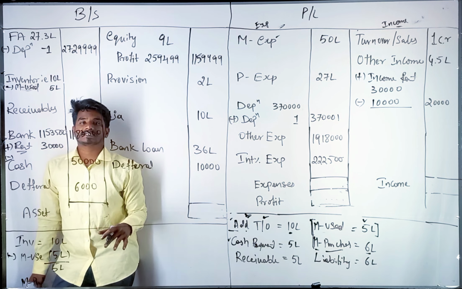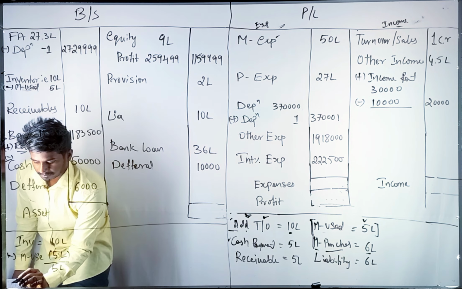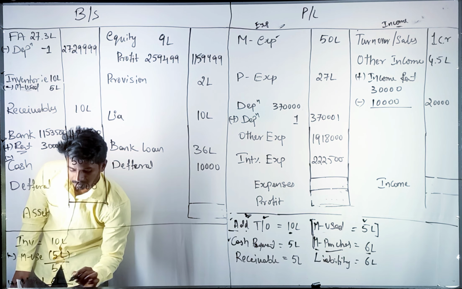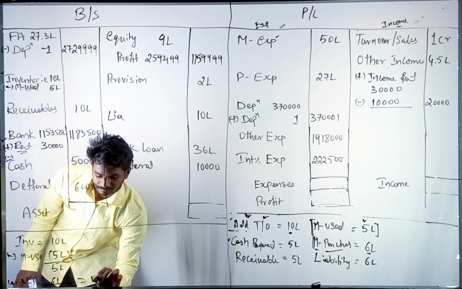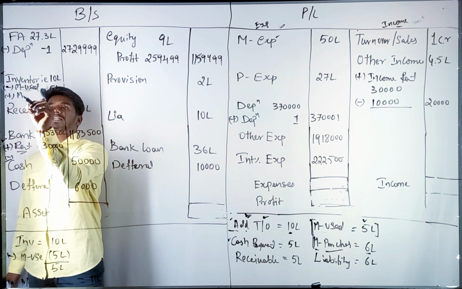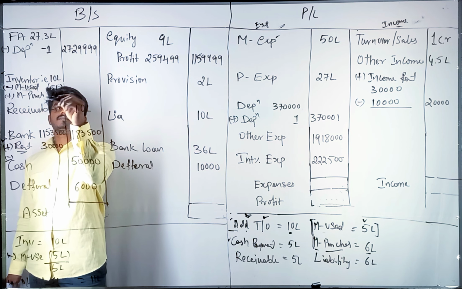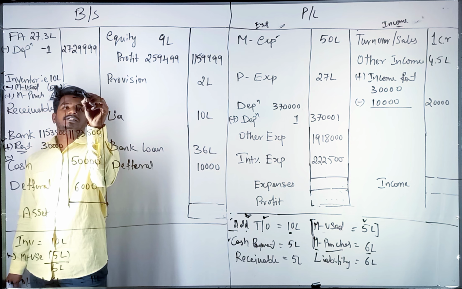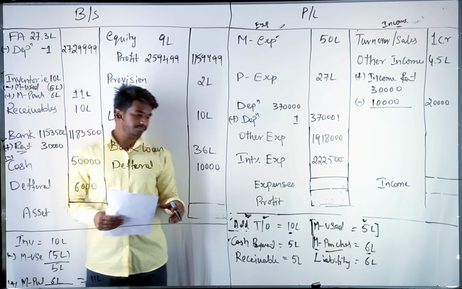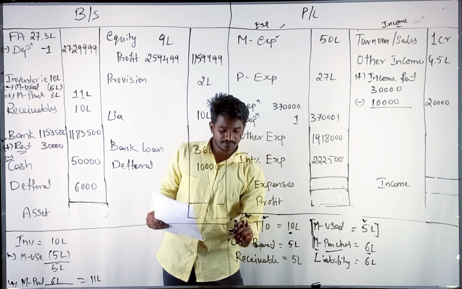If we purchase material inventory goes up. Is that correct? We should add it. 6 lakh rupees. Total it comes out, inventory will be 11 lakh. Add material purchase 6 lakhs rupees. It comes out 11 lakh of inventory. Is that correct? Yes.